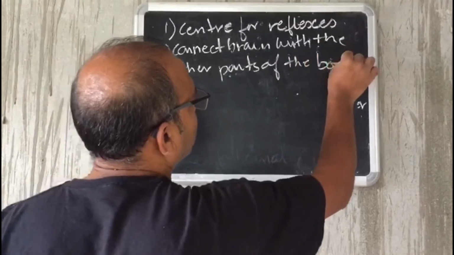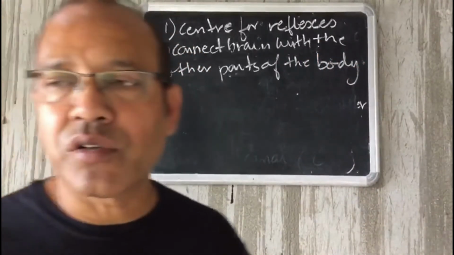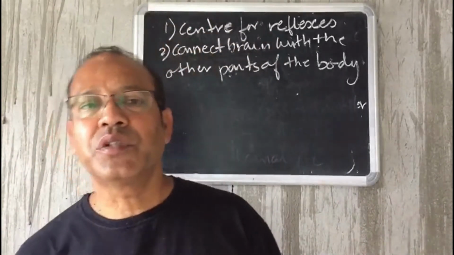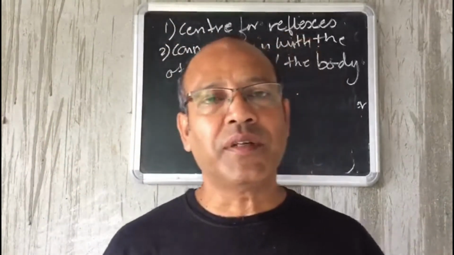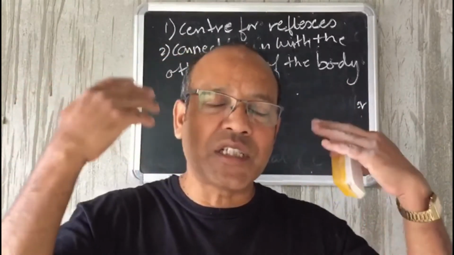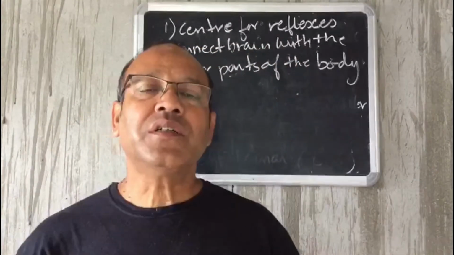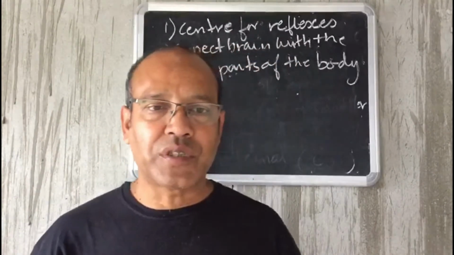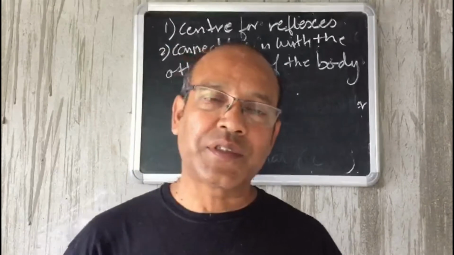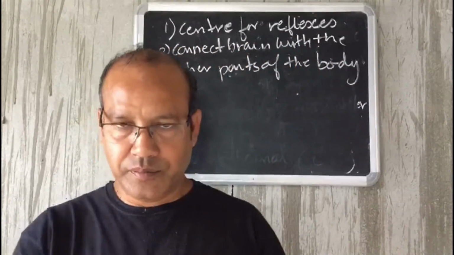This is another important function, because whatever message has to be brought from the limbs passes through the spinal cord. Whatever message has to be sent by the central nervous system, that is the brain, passes through the spinal cord. So that is why the spinal cord helps in connecting the different parts of the body to the brain.